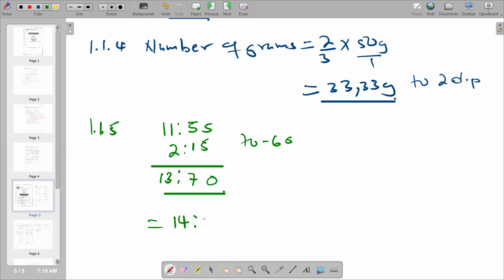So we've got 14:10. So this is going to be the finishing time. So that's what we are saying. Finishing time is supposed to be 14:10.